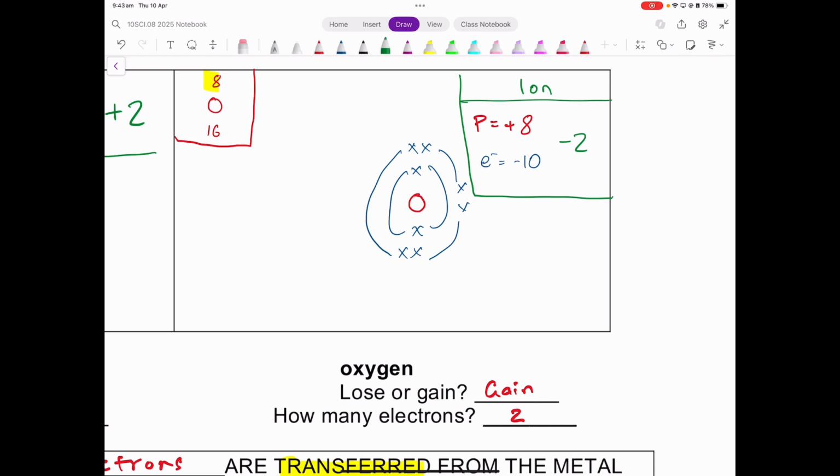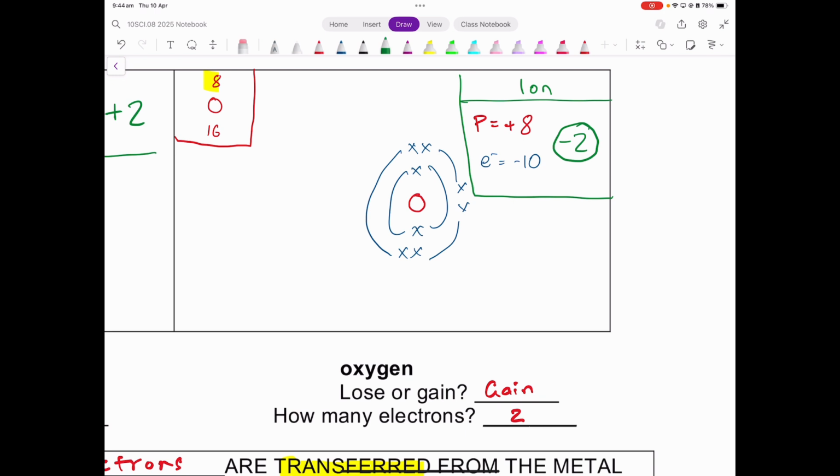If I had 8 electrons and I gain 2 more negative electrons, it's going to leave me with 10 electrons. So 8 positive, take away 10 negative, that leaves me with an overall charge of -2. Why? Because if I have a positive 8 and I have 10 negatives, 8 of these will cancel out 8 of those, but then I'm left with 2 negatives on the side. So overall it will be -2.